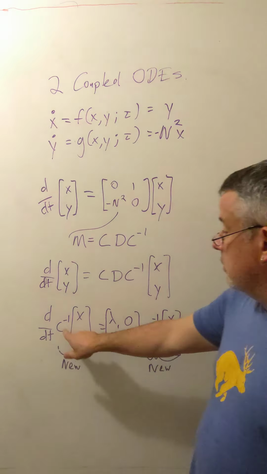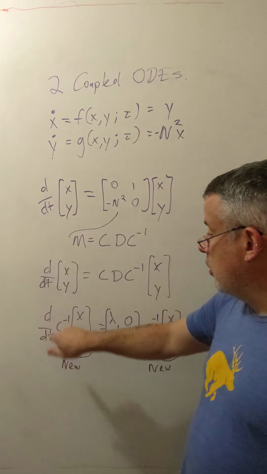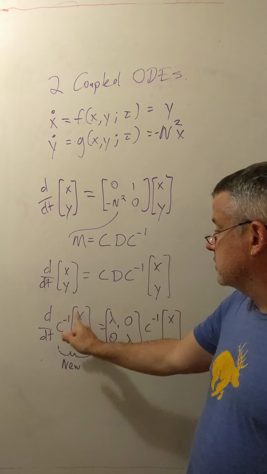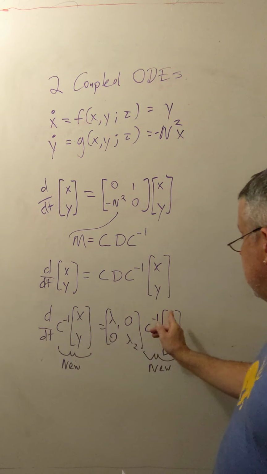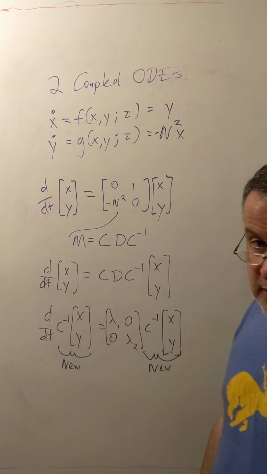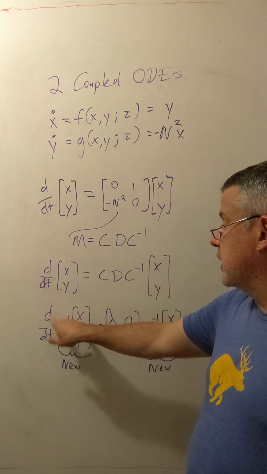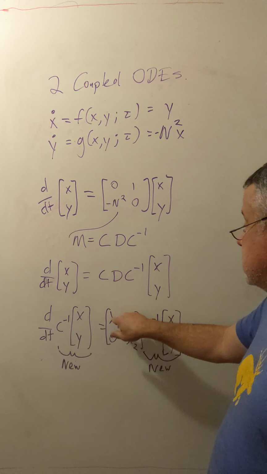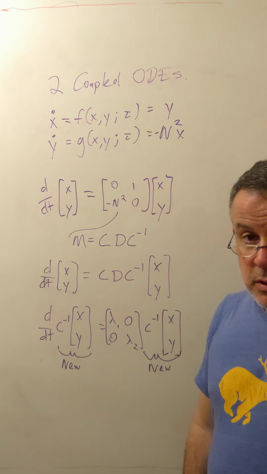And in fact, whatever the first row of C inverse acting on (x, y) is, that will be equal to itself times the first eigenvalue. Wait a minute, not the first row, the first column will be equal to itself times the first eigenvalue.